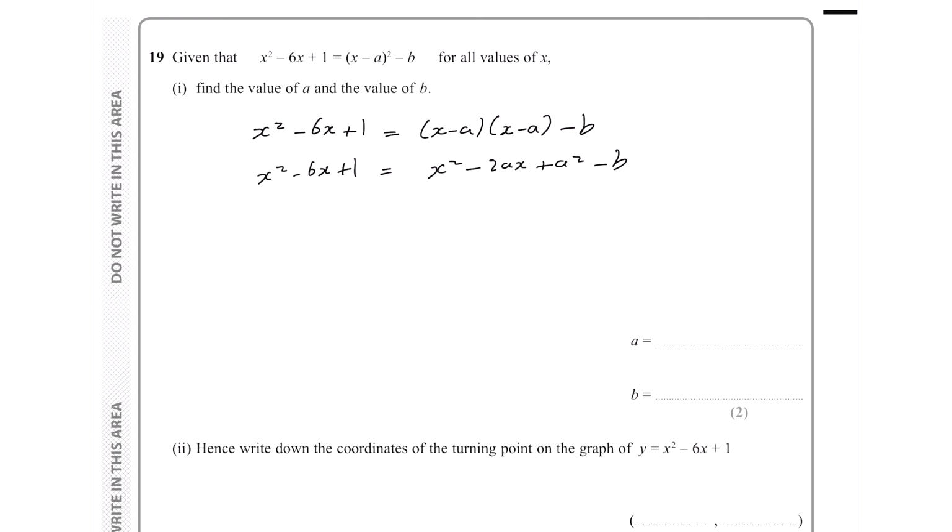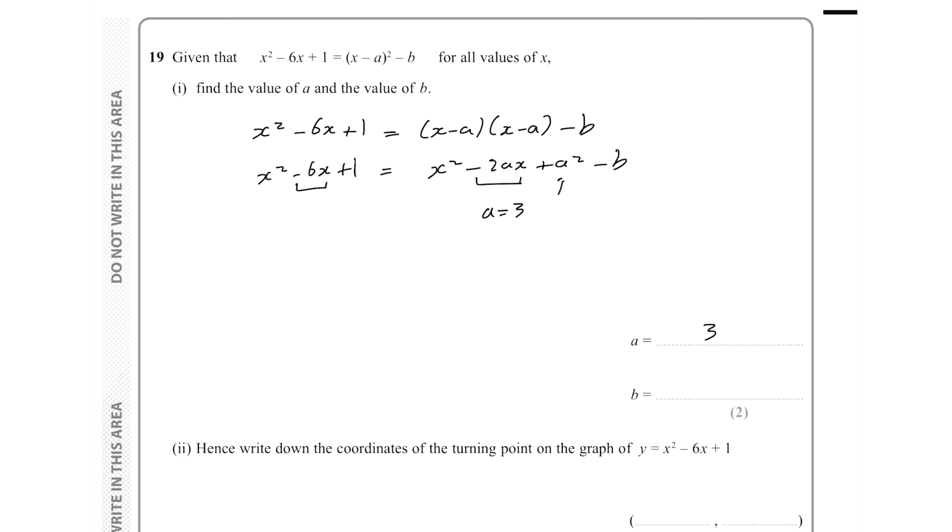So if you look across, we can see that this and this are similar because the x squared is obvious where that is. So in order for that to become minus 6, that means that a must be 3. Because if you do minus 2 times 3, that'll give you minus 6. So now that I know what a is, I can write that there. A is 3.